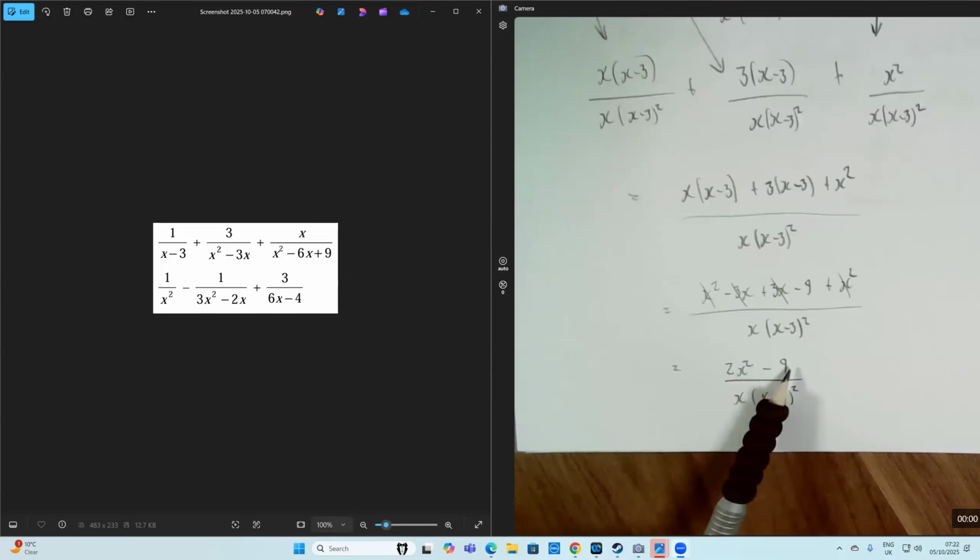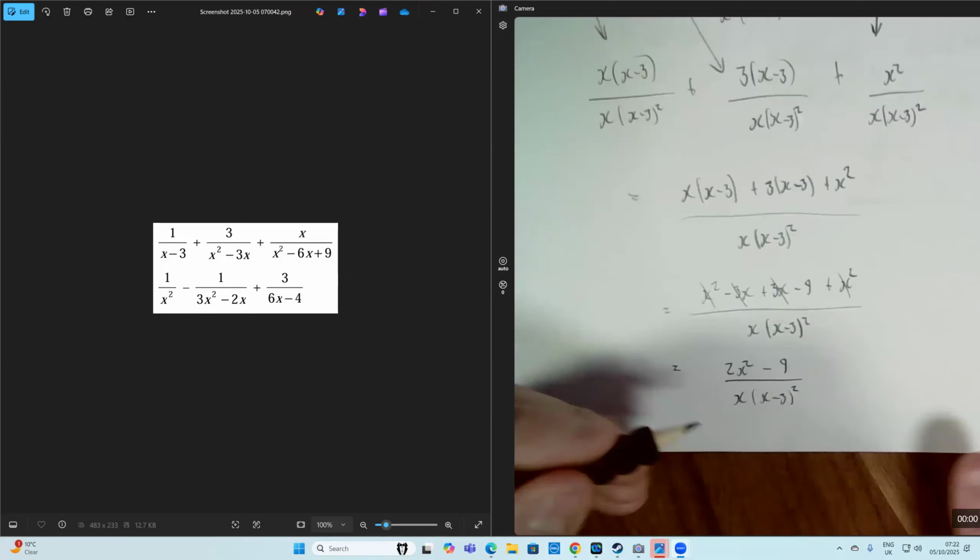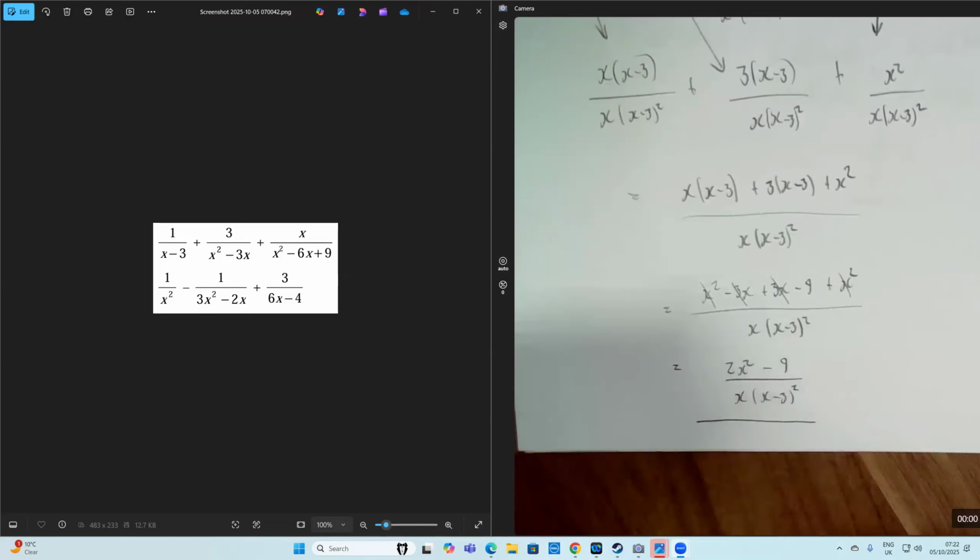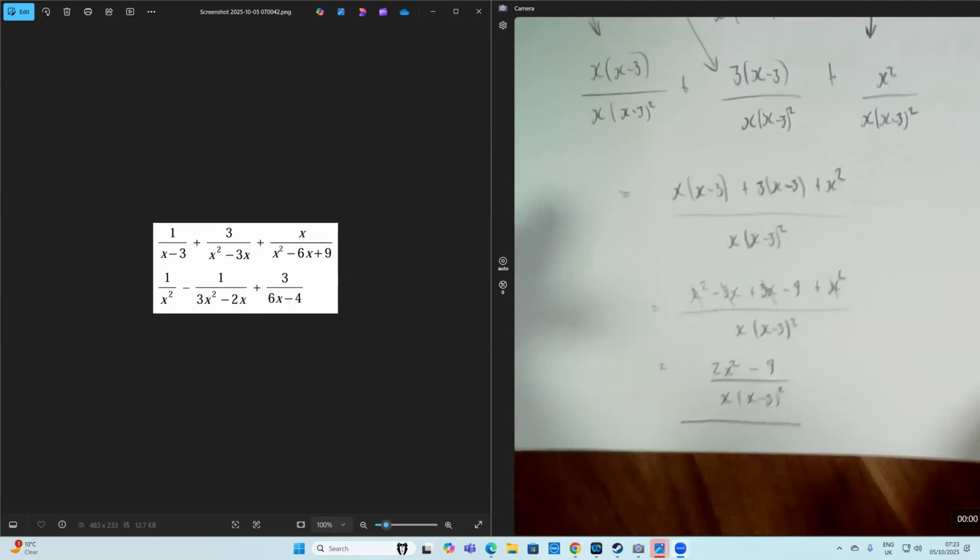There isn't anything that would cancel out further with the denominator, so this is our final answer in this question. However, you do need to be careful, and you do need to think to yourself, is there another factor in here that could potentially cancel out with the denominator further? So just be aware of that one.